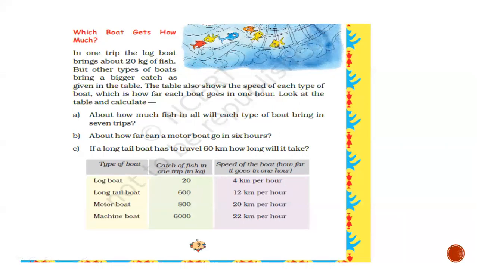About how much fish in all will each type of boat bring in 7 trips? The question says that these boats are going for 7 trips, and this is the catch for one trip. So to find out the catches in 7 trips of all these boats, we'll take them one by one.